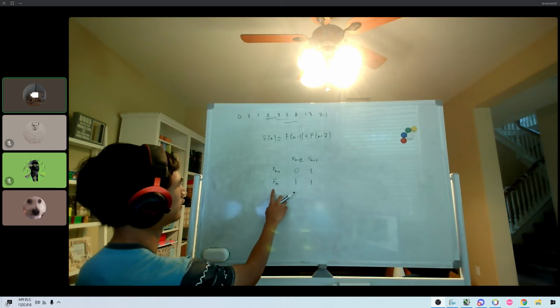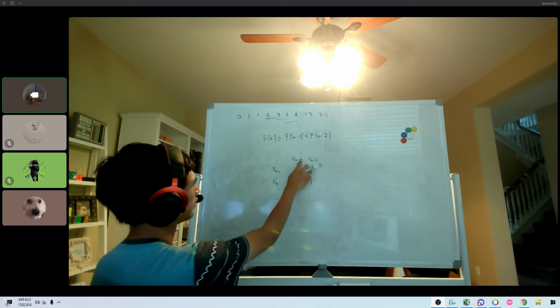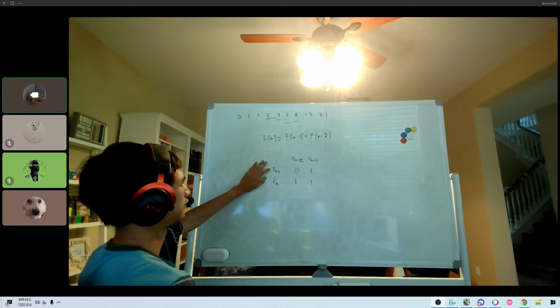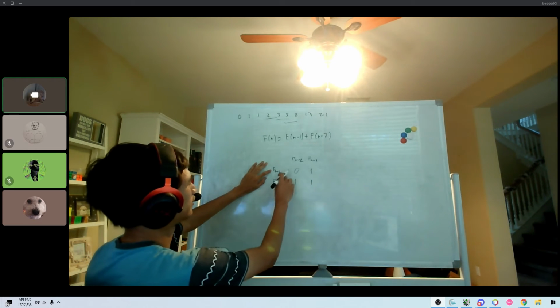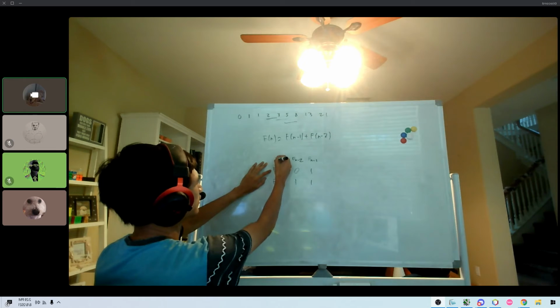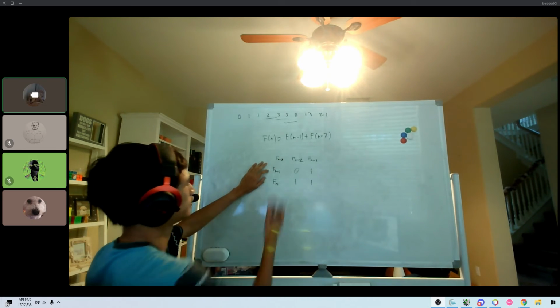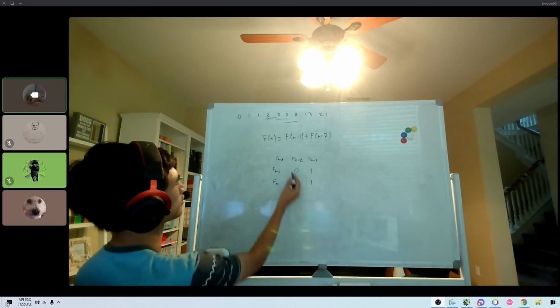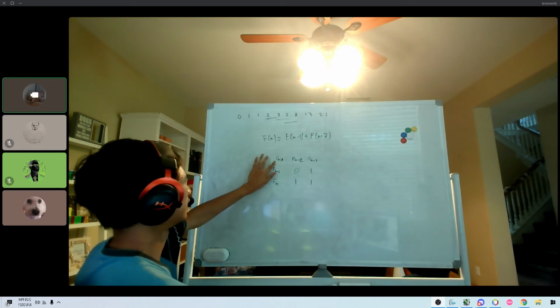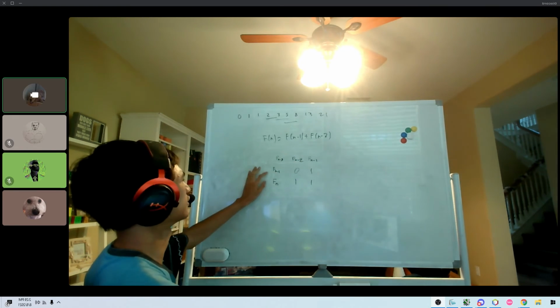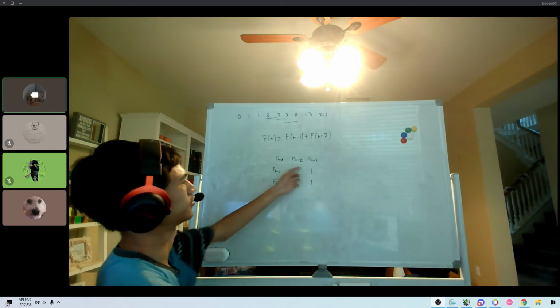So f of n is defined as f of n minus 1 plus f of n minus 2, and then for f of n minus 1, that would be f of n minus 2 plus f of n minus 3, but we can't store this in a square matrix because we only have a 2 by 2, right? But as we notice, by definition, f of n minus 1 is just itself.